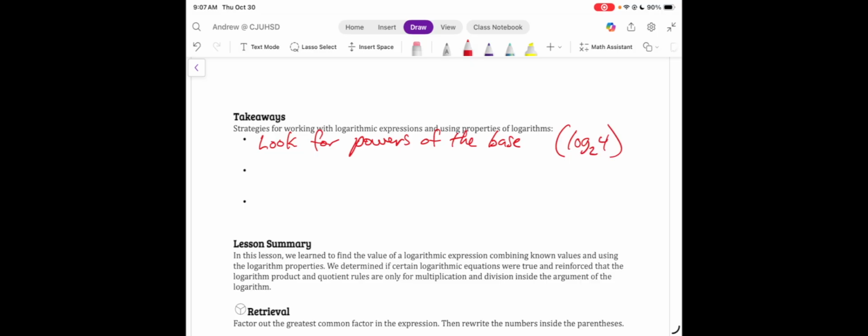And don't try to apply a log rule to addition or subtraction in the argument. So watch out for something like this, because that's not going to give you the log of A plus the log of B.